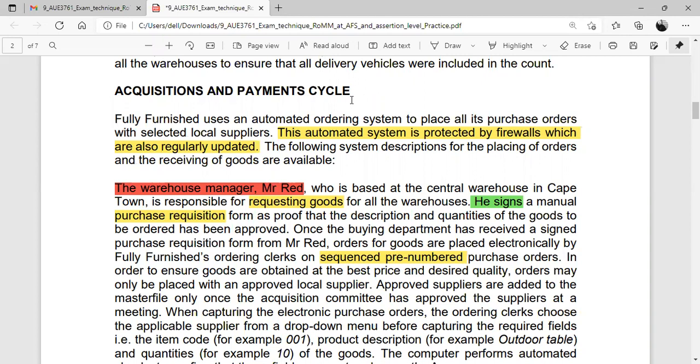Absolutely. That's 100% correct. But can you link it to one of the three objectives that I told you about? What would be the objective of doing that? What would you be testing for? Would you be looking for validity, accuracy, or completeness? If you look at your memo, this question that I'm asking you is not even there. But I just want you to have a deep understanding of what's happening. You spoke about getting a report, but why would you be doing that?